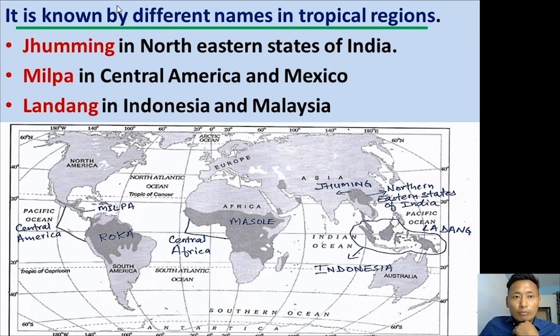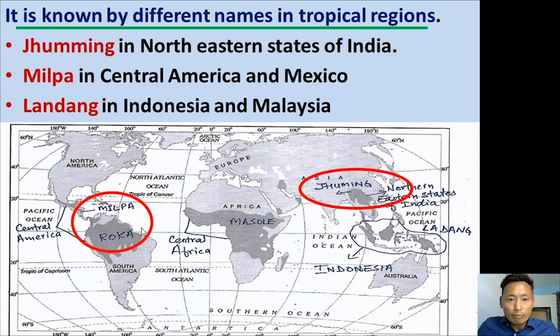The common names for shifting agriculture are primitive subsistence agriculture, slash and burn, and shifting agriculture. But this agriculture system is known by different names in different regions of the world. In the northeastern states of India it is known as jhumming. Milpa in Central America.